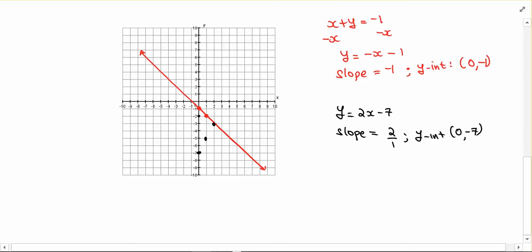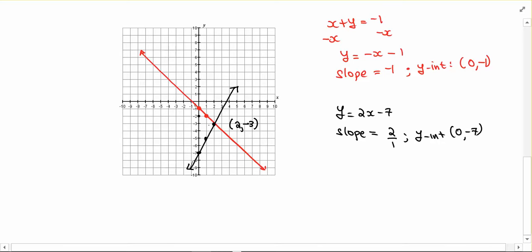Let's try and draw this very carefully, like so. All right. And so it appears that they cross at 2, negative 3.